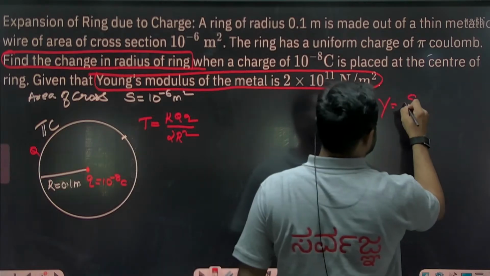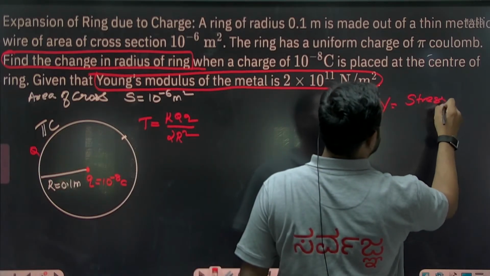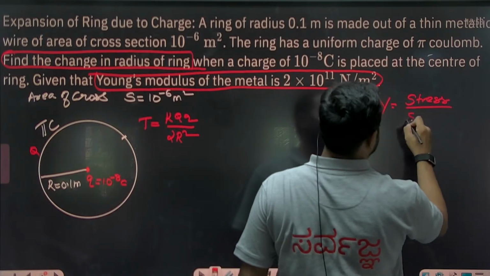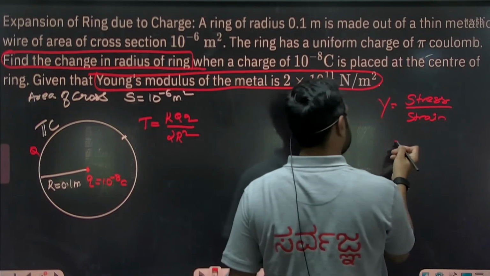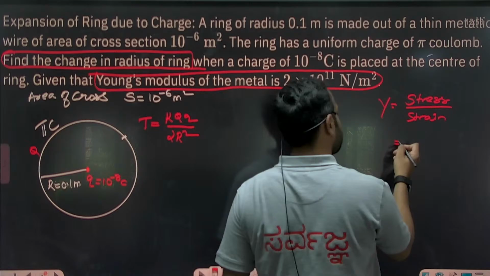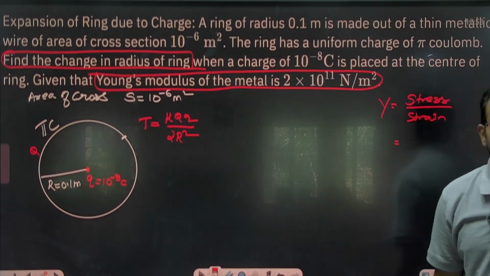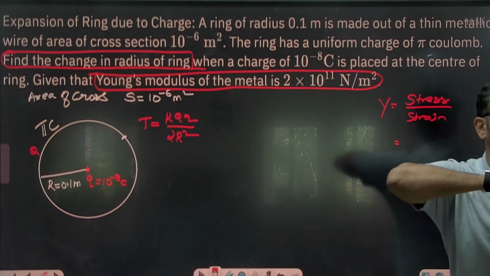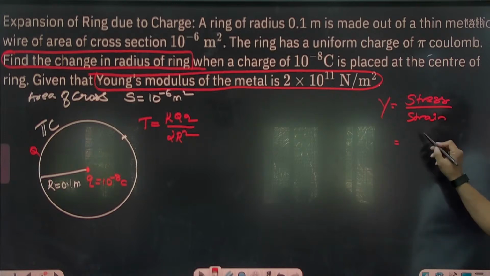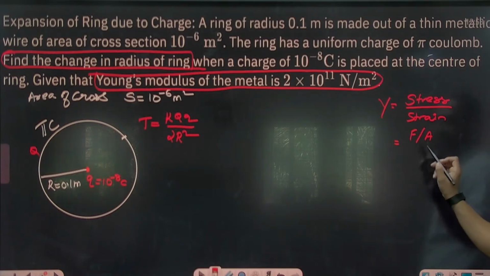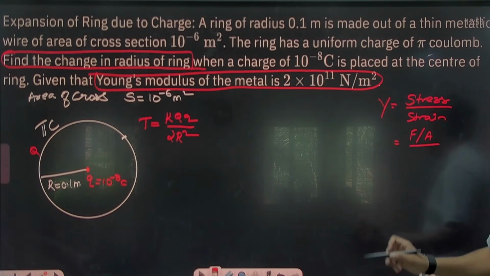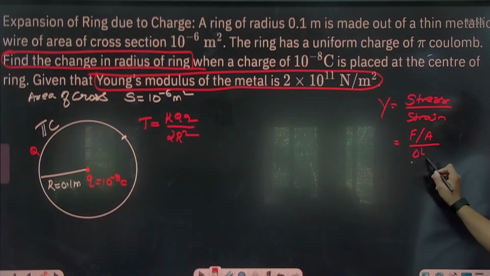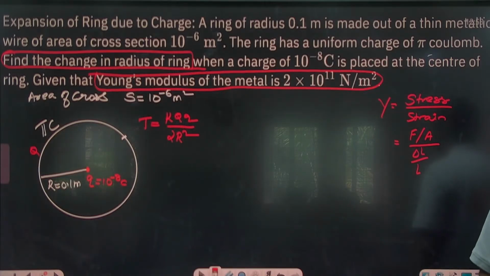It is stress divided by strain. Stress is force divided by area, where the area is the cross section area. Strain is the change in length divided by the original length.